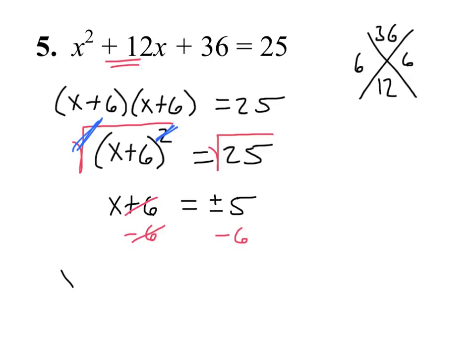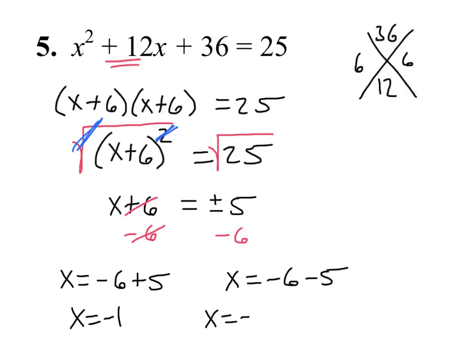So I have x equals negative 6 plus 5, and x equals negative 6 minus 5. Negative 6 plus 5 is negative 1, and negative 6 minus 5 is negative 11. And there are our two answers.